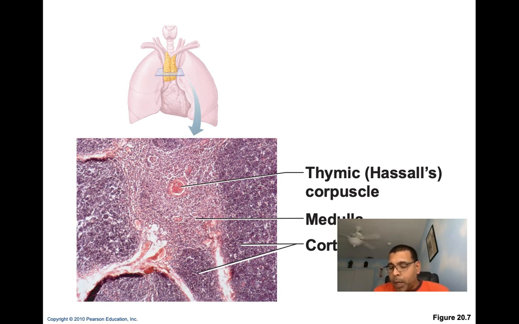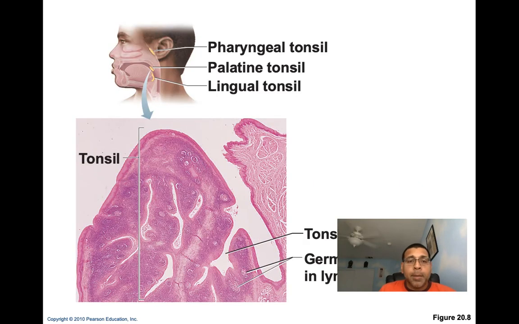Now, when we go through and we talk about tonsils, here we can appreciate our tonsils. We've talked a little bit about these tonsils, what they do and the various types that we have. Their function is to trap and destroy bacteria.